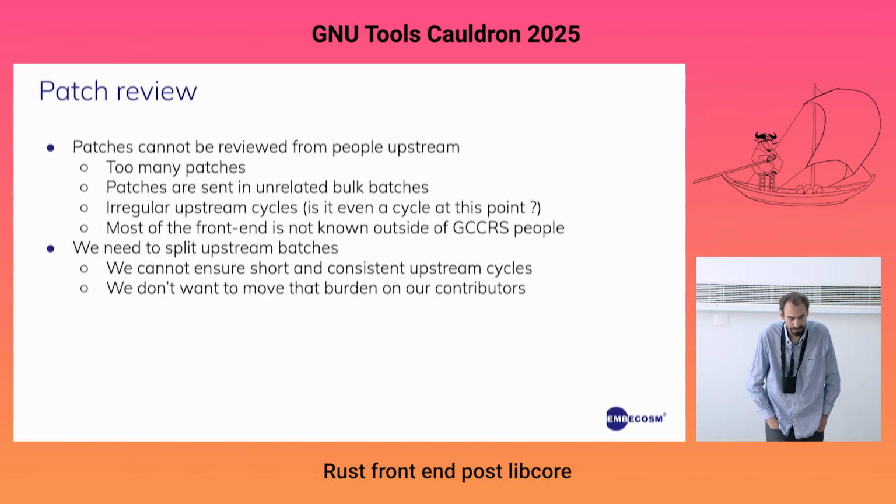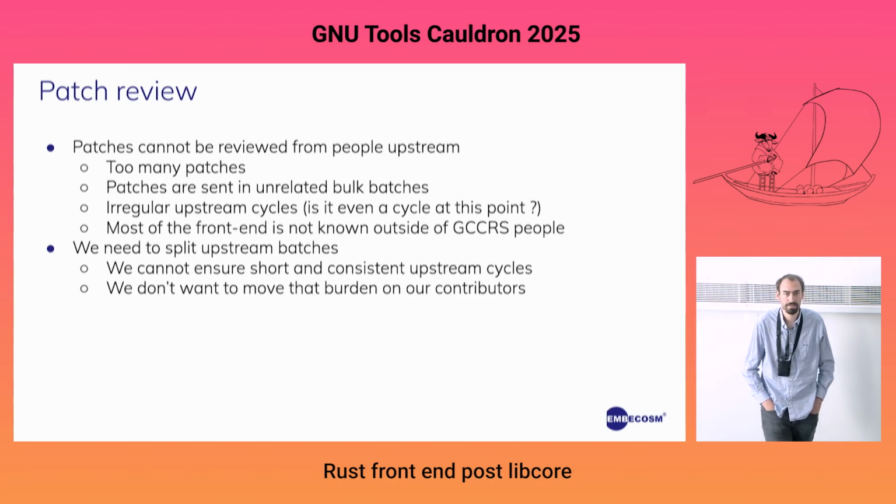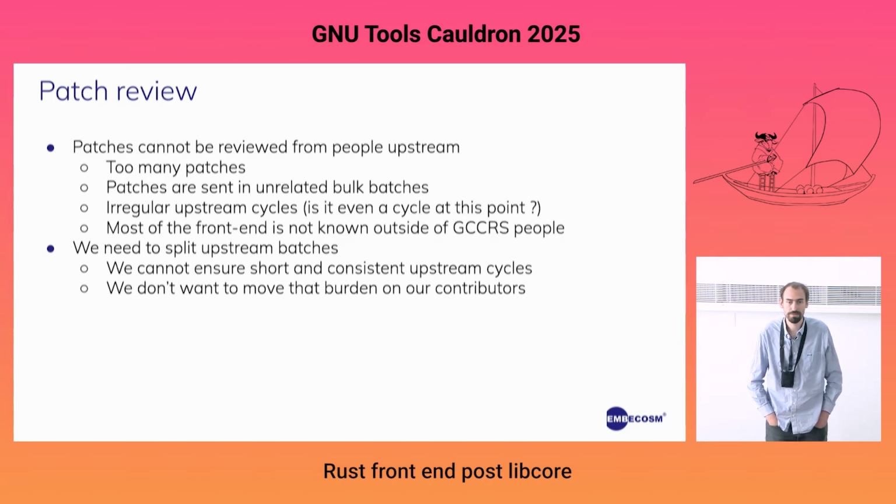And it was simply plainly wrong, because we would send, let's say, batches of 200 commits at a time, and nobody would read the patches, nobody would review them. I mean, nobody would like to review 200 patches from a frontend they don't even know that well. So there were too many patches, sent in unrelated batches at irregular times.